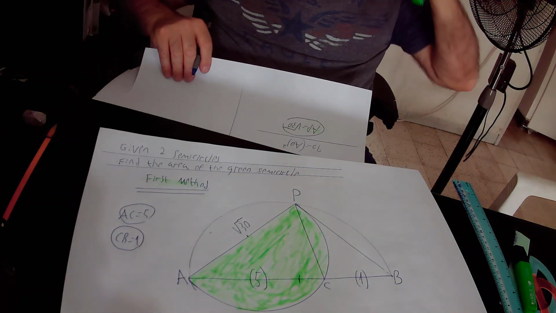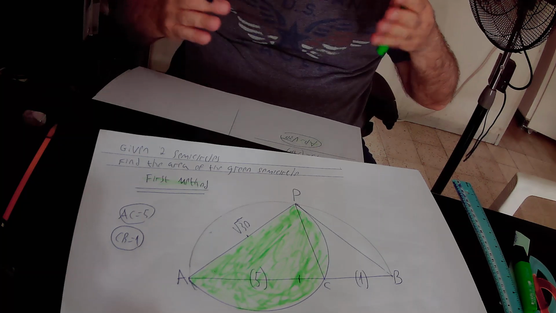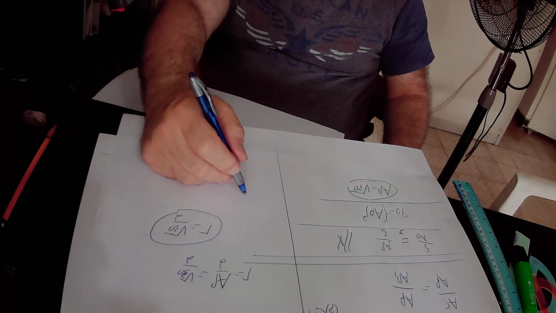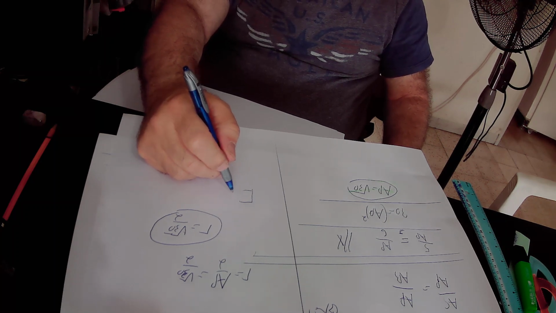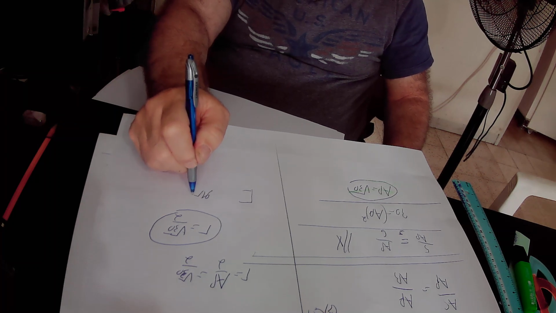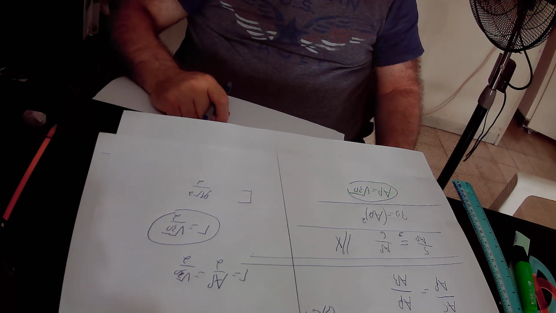And we know that the area of a semicircle equals the area of the circle over 2. And the area of the circle equals pi r squared. So pi r squared over 2 is the area of the green semicircle.